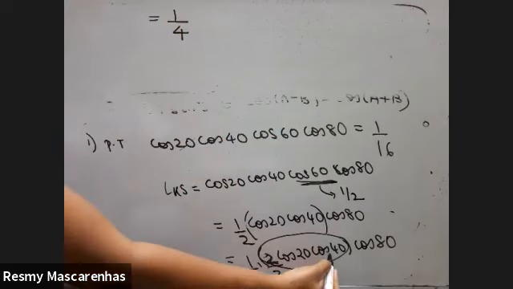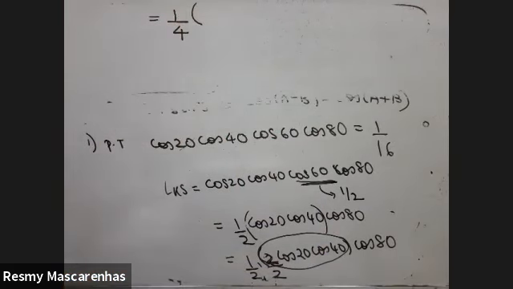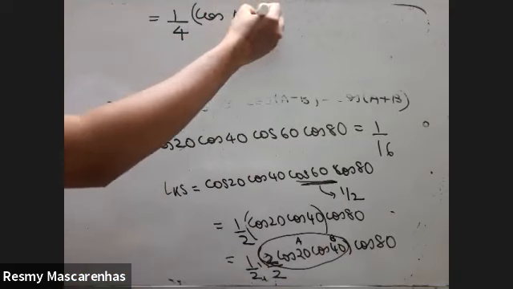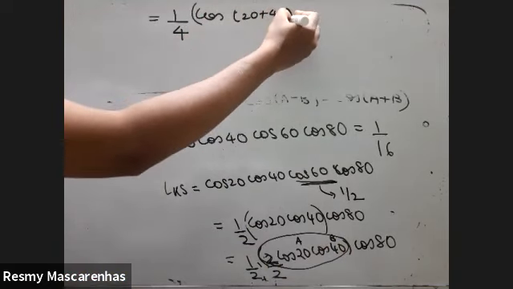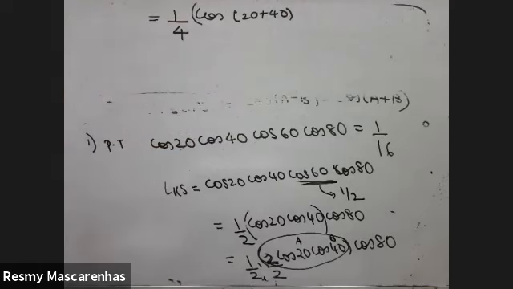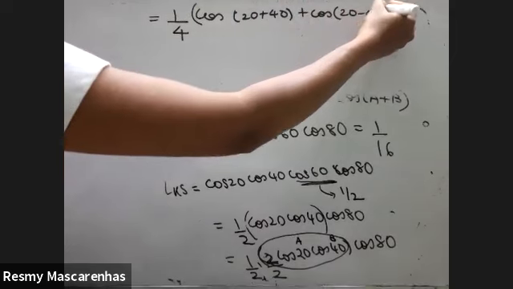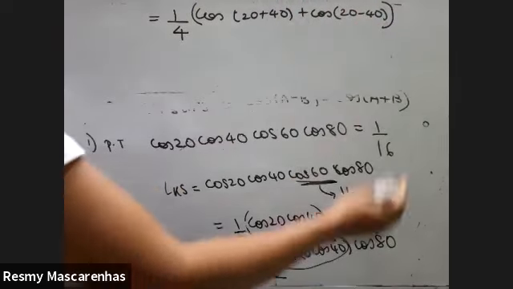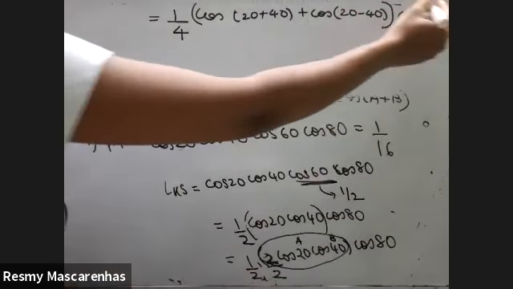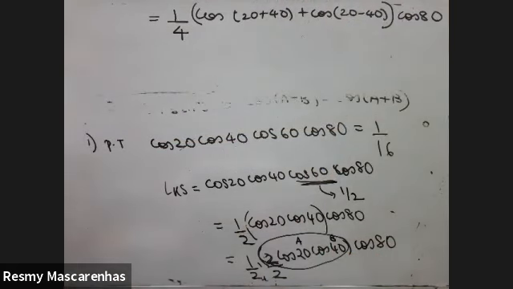And what is 2 cos A cos B? Just now I told you the formula. Apply that. So this is A, this is B. That will be cos of A plus B, plus cos of A minus B. This outside is cos 80. If you want, you can write the formula and keep which formula you have used.